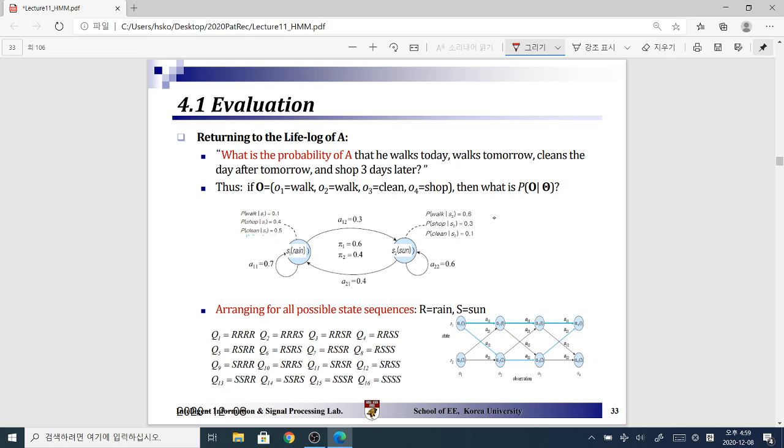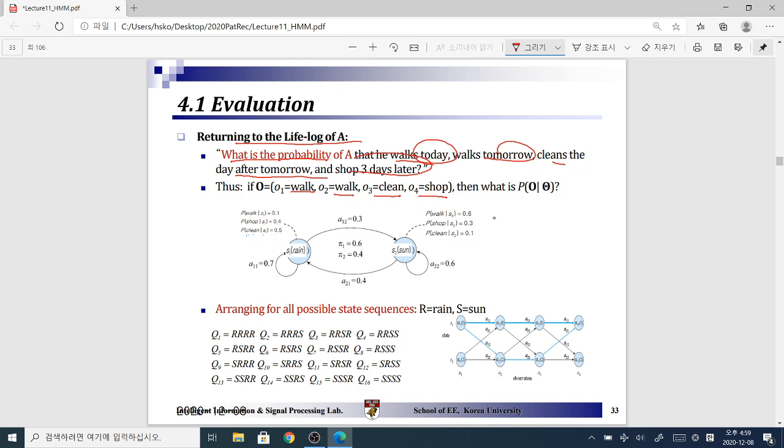Anyway, returning to the life log problem, once again: what is the probability that he walks today, walks tomorrow, cleans the day after tomorrow, and shops after that? So the observation is that today he walks, tomorrow he walks, on the third day he cleans, and then shops after that.